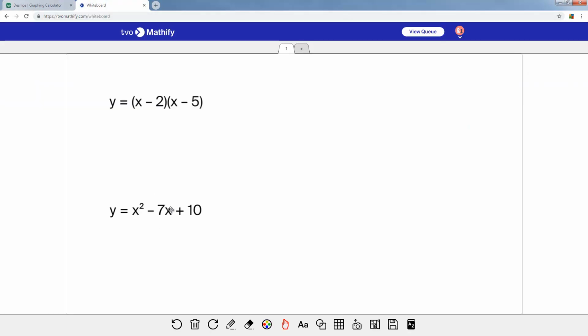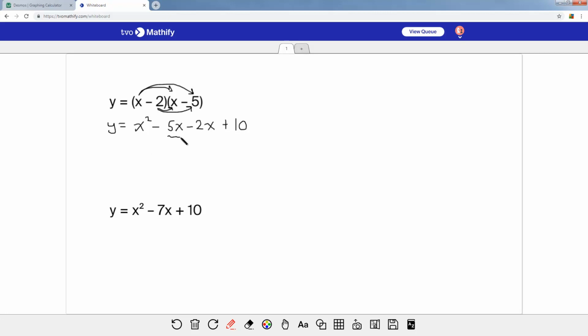And what I'm going to do is take this one here and expand those two binomials together. So if I multiply x by x, we get x squared. Remember, this is just FOIL. X times the negative 5 is minus 5x, and then negative 2 times x is minus 2x, and negative 2 times negative 5 is plus 10.